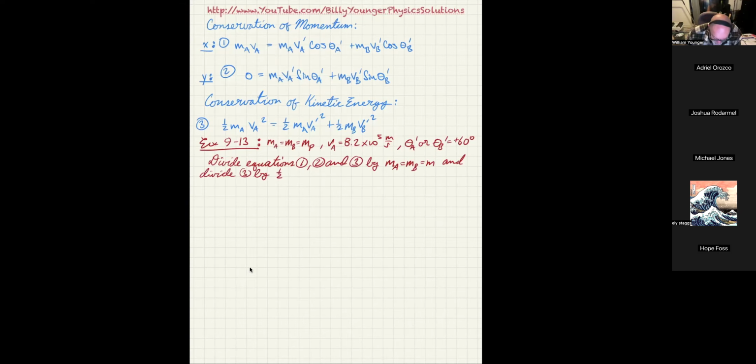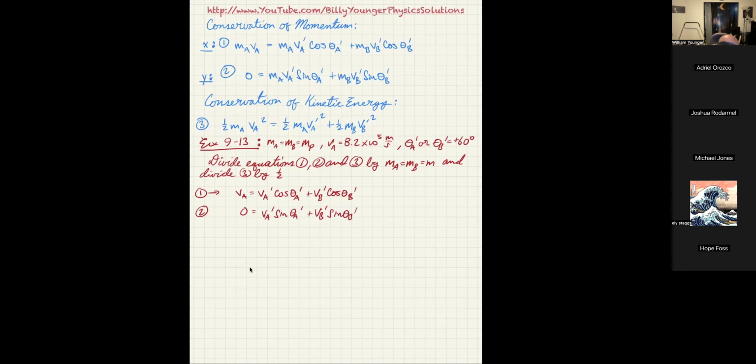So when I do that, what's going to happen to equation 1 is the following. We're going to have VA is equal to VA prime cosine theta A prime plus VB prime cosine theta B prime. Equation 2 is going to be 0 is equal to VA prime sine theta A prime plus VB prime sine theta B prime.